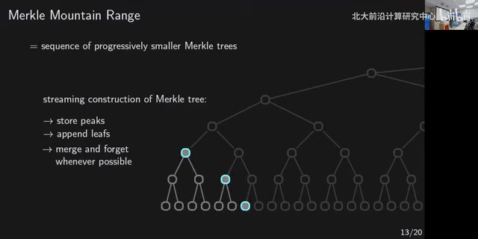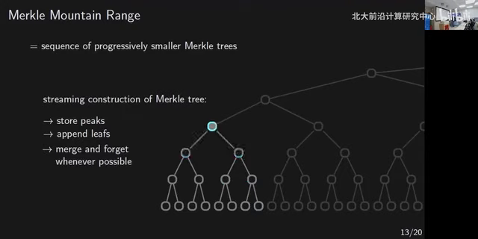So suppose we are at this point, we've read all of these leaves, and we've computed our Merkle mountain range, and we read the next leaf and observe, and now we can merge. So we merge and forget. And observe, once again, we can merge and forget. And once again, we can merge and forget.